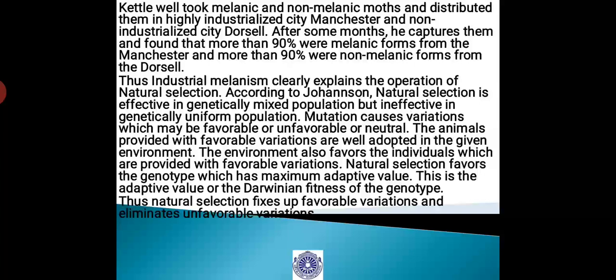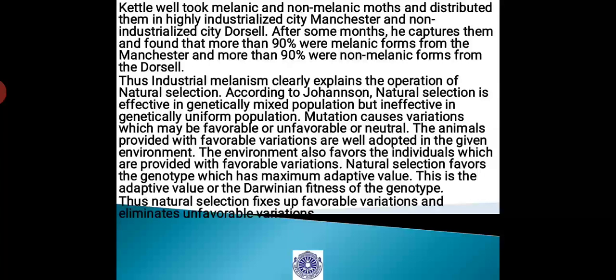After some months, he captured them and found that more than 90% were melanic forms from Manchester and more than 90% were non-melanic forms from Dorset. So this is because of the industrial smoke or the soot released by the industries. Thus, industrial melanism clearly explains the operation of natural selection.